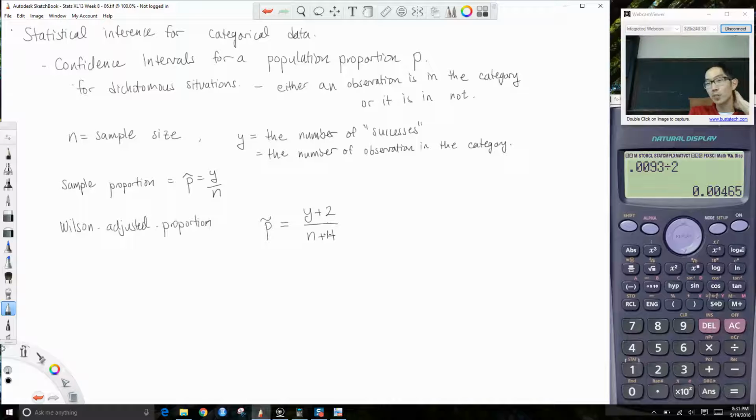But it also adds 4 to the denominator. So if you had 100% before, you no longer have 100%, and you no longer have 0%. It takes it away from those boundary edges, which gives us a little bit of standard error, and it helps avoid p hat equal to 0 or p hat equal to 1 situations.